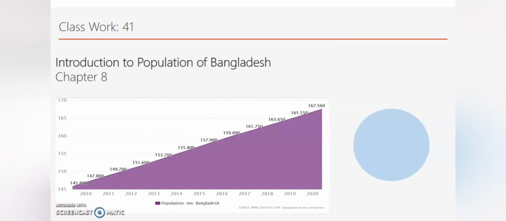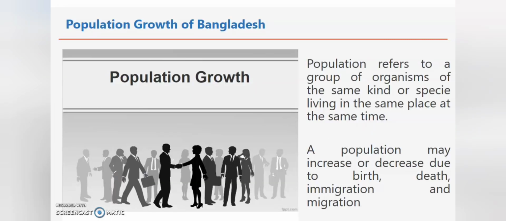Now, my dear students, get ready with your copies and stationery. Today, your classwork is 41, and today I will be teaching you chapter 8, and my discussion is on population growth of Bangladesh.